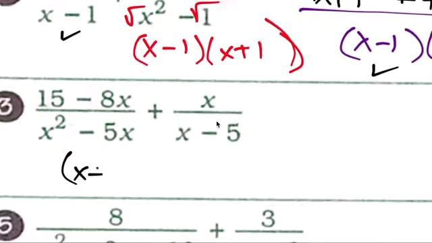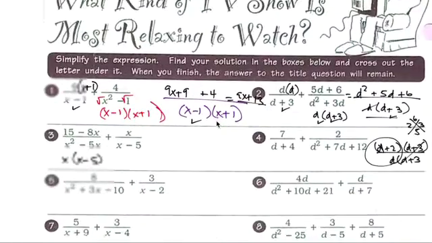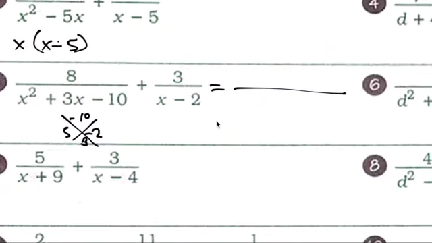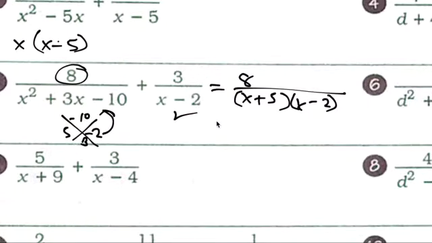Here, factor out x. So common denominator, same thing as that last one. Here you factor negative 10 and 3, you do 5 and negative 2. So your common factors are x plus 5 and x minus 2. This is for that one, so it stays. This one has that one, but it's missing this one, so you write x plus 5 here.